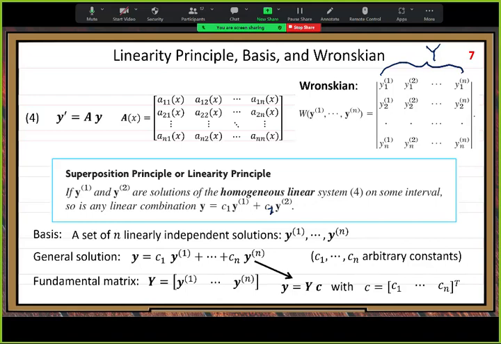Do not get confused. The notation is very easy to confuse, but here it's not derivatives. Next.